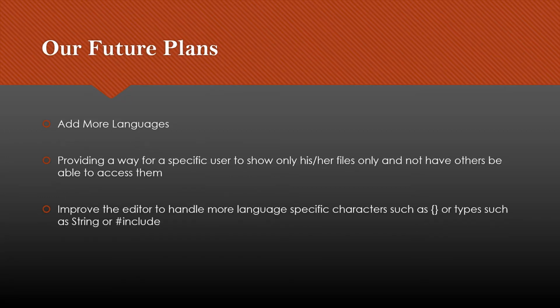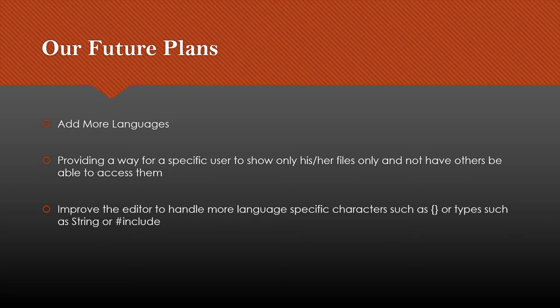So at the time of writing this, our future plans include possibly adding more languages to the code, as well as a better file choosing system, and implementing the file system to only show code written for specific users that have registered, as well as being able to handle more language-specific characters such as the brackets in Java, or within C, hashtag include.